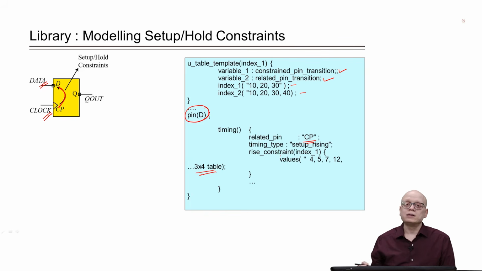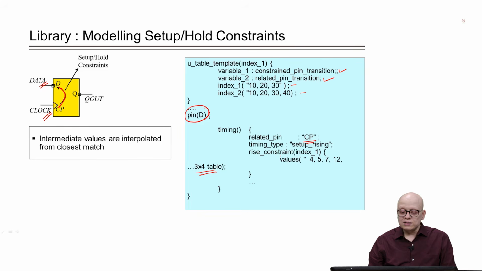Similarly, there will be another table for the hold case, hold time. Similar to the rise constraint, there can be a fall constraint corresponding to data falling. So, this is how the setup time and hold times are modeled inside the library.